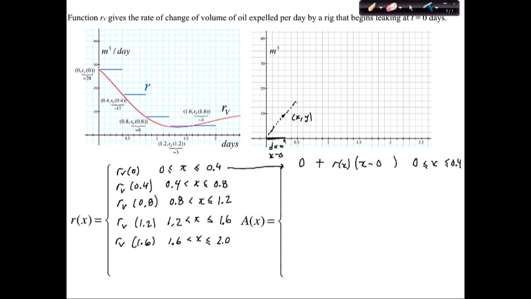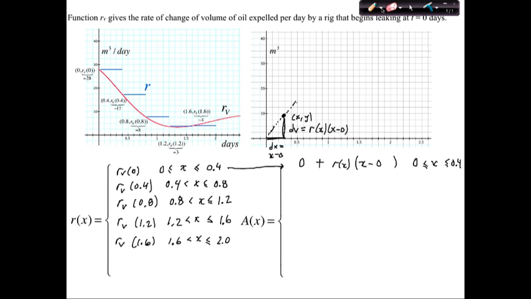dv is, what's dv? m dx. So it's r of x times x minus 0. And then finally, y. Again, the y for every point in here. Initial 0 plus r dx, right?